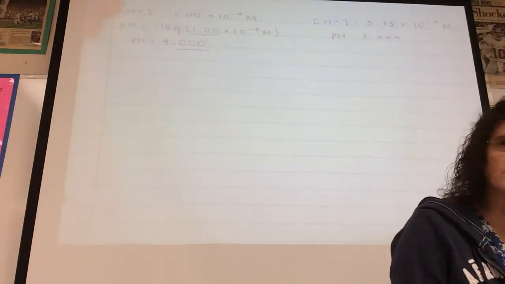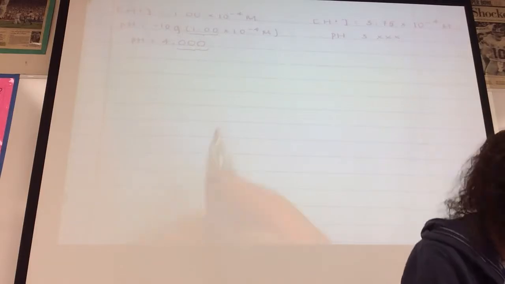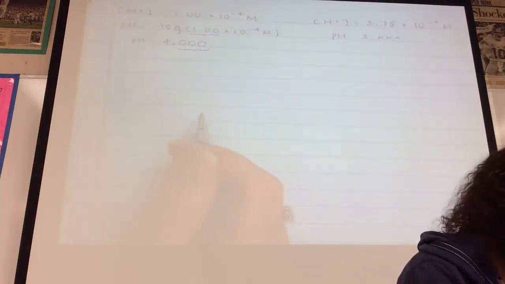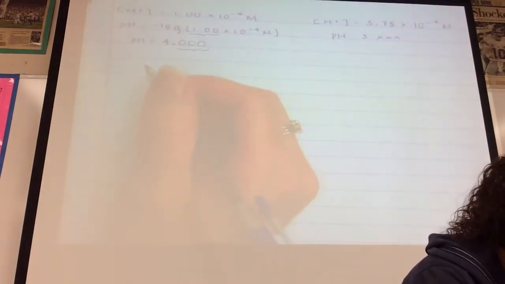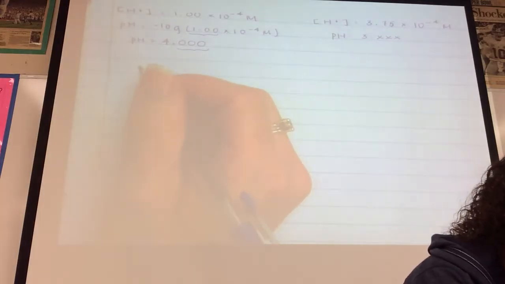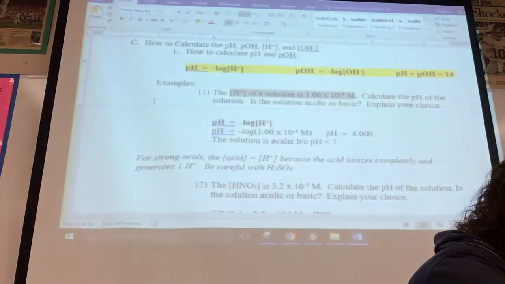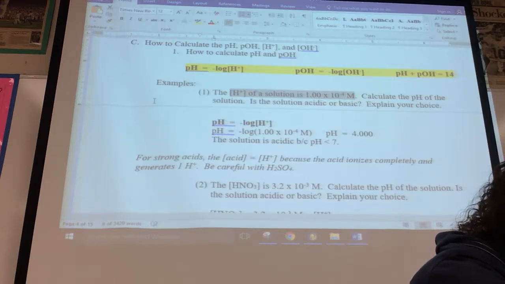So if you're given proton concentration, it's pretty straightforward. In your notes it says if you have a strong acid, the concentration of acid is equal to the concentration of proton because the acid ionizes completely, generating 1 proton. Now that's not the case for sulfuric acid. We're not going to play with sulfuric acid this year in this type of calculation because it's too tricky.